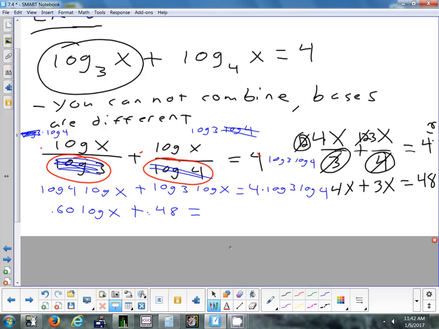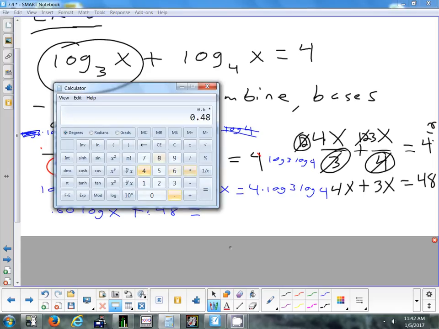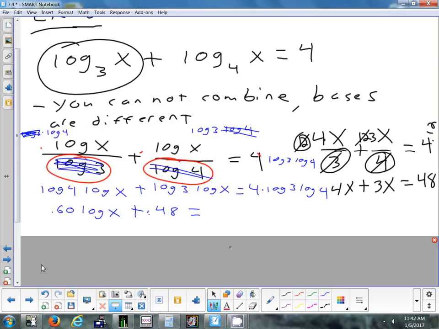So it's 0.6 times 0.48 times 4, and it's about roughly 1.152. So just by taking the word log out from here, here, and here, I think now it looks a lot simpler.